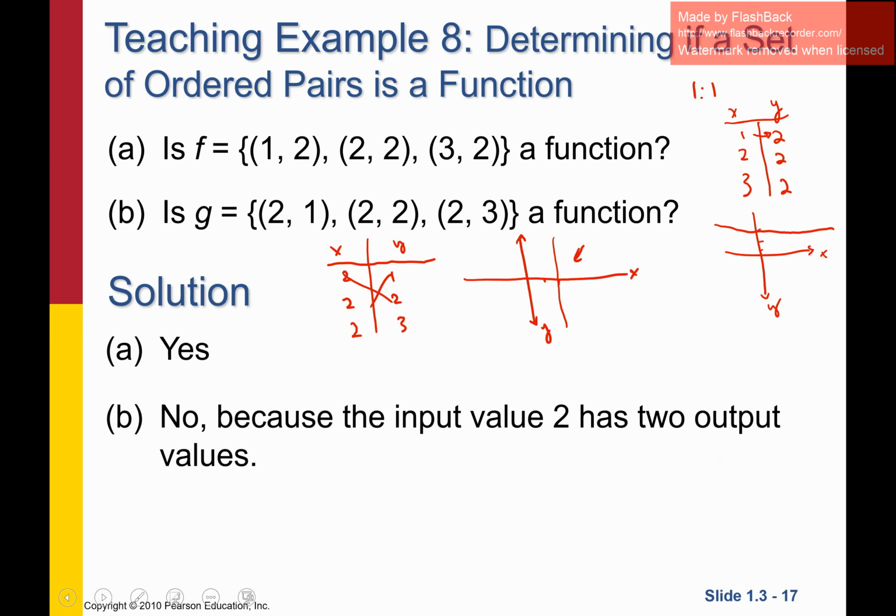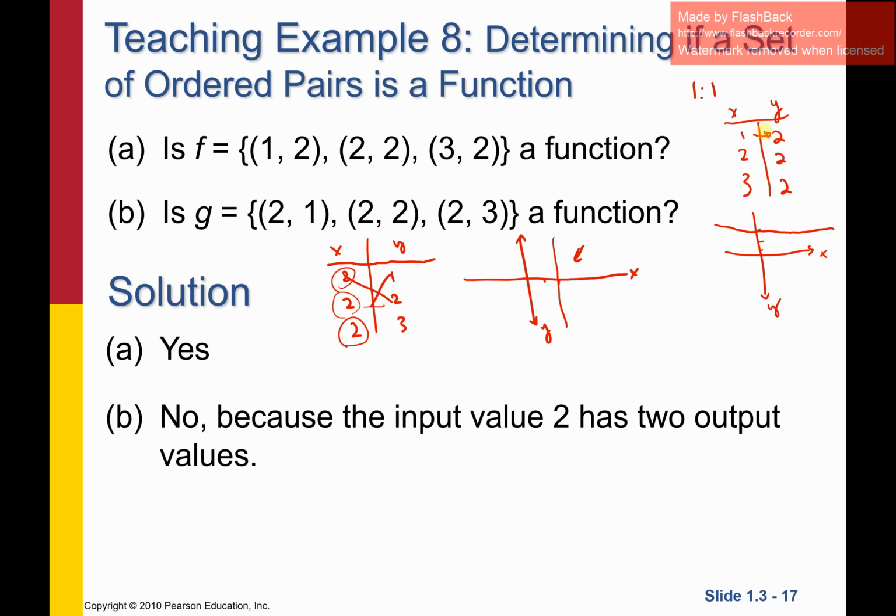No, because the input value has two different values, okay? So notice you're putting in 2 and you're getting 1. You're putting in 2 and you're getting 2. The input value has more than one output value. So in order for it to be a function, your input value can only produce one output.